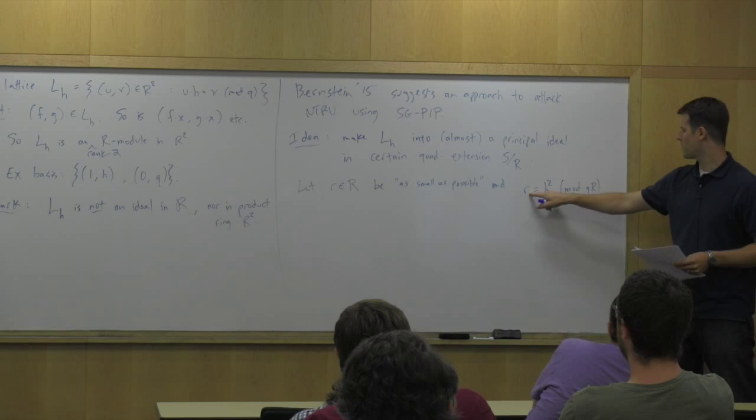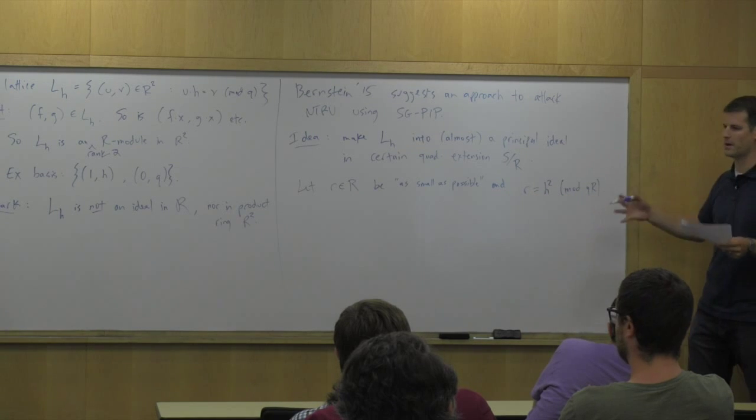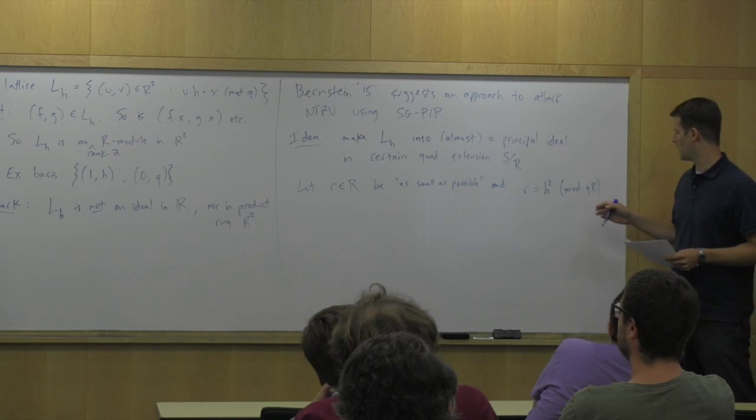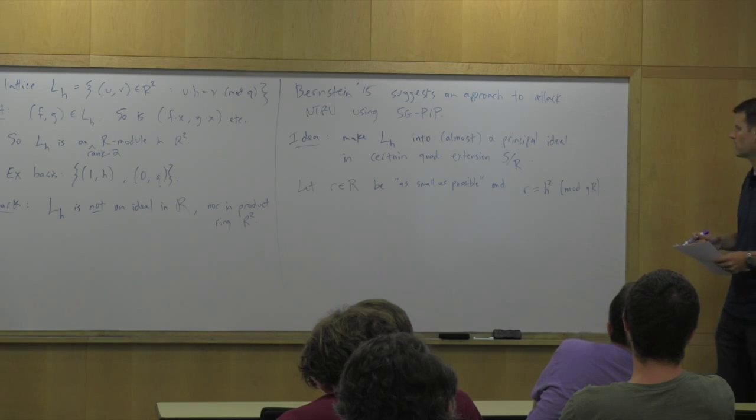So r's coefficients will be between minus Q over 2 and Q over 2, for example, and they'll roughly be random in that interval. Okay. So as a polynomial in X, that's what r looks like.